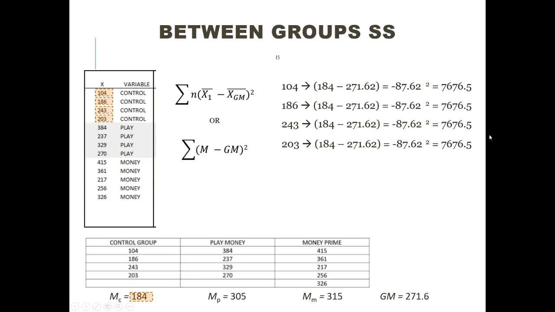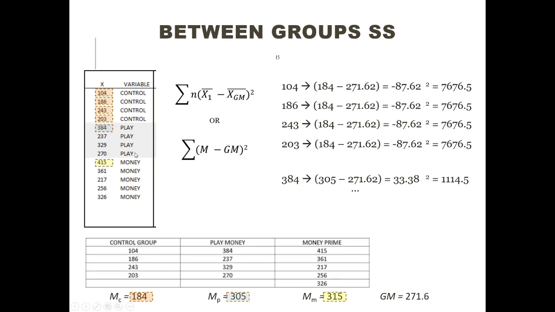Make sure that if you do this, you keep your little n's organized, because we don't always have an equal number of participants in each group. So we do this for each group. We just did this for the control group. Now you do this again for the play money group. So instead of taking 384, I take the average of 305 minus 271.6, squaring that, and doing that 1, 2, 3, 4 times.